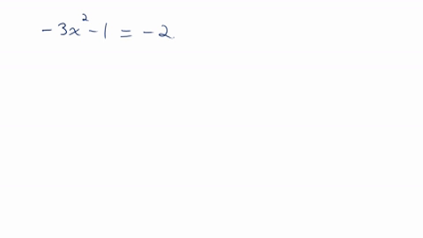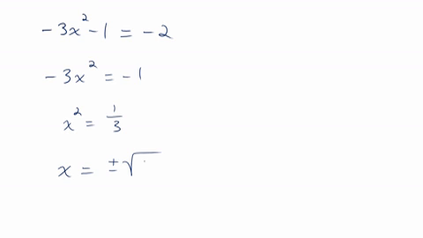Let's get x squared by itself. We have negative 3x squared is equal to negative 1. We'll now divide both sides by negative 3. We get x squared is equal to positive 1/3. Therefore, x is equal to plus or minus the square root of 1/3.